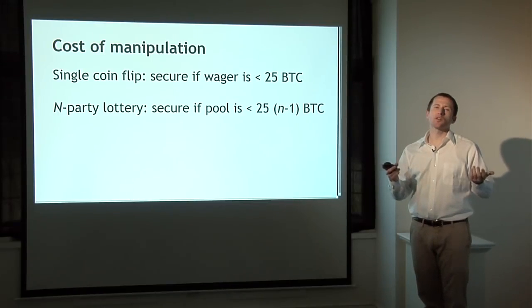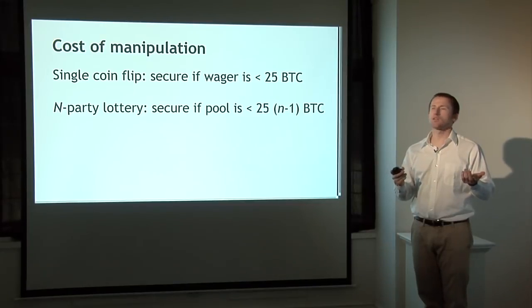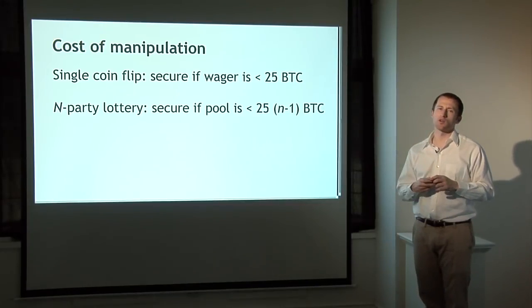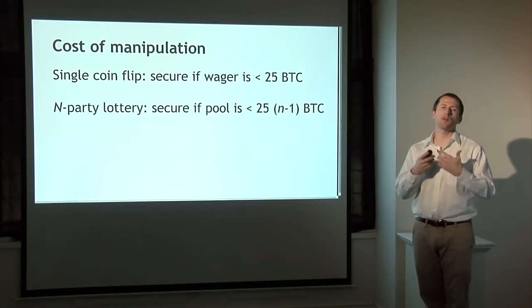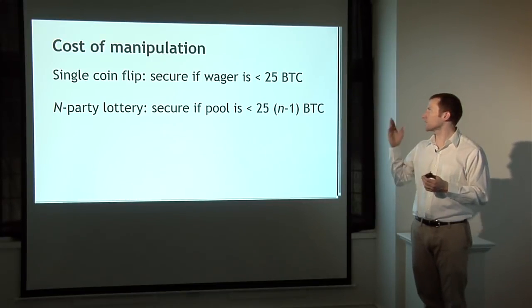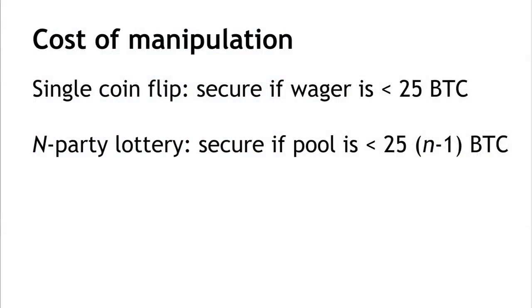And if you have an n-party lottery where it's fair between all n parties, it's going to be 25 times (n - 1) Bitcoins. So this process will be secure as long as the amount that you're betting is less than that cost of manipulation. Essentially, if two people want to have an even odds bet, and they want to use Bitcoin as the source of randomness, this is going to be secure as long as they've wagered less than 25 Bitcoins, or again, about $15,000.